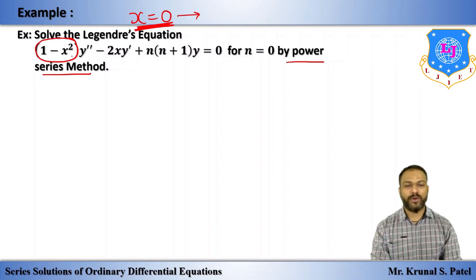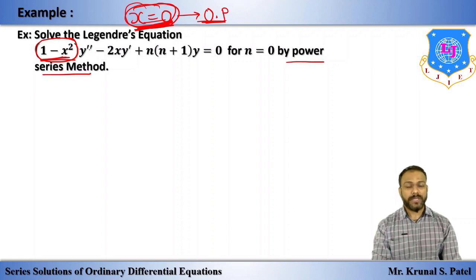If the coefficient of y double dash is not equal to 0 for x is equal to 0, then x equal to 0 is an ordinary point. So we have to just check that the coefficient of y double dash should not be 0. So here, if you put x is equal to 0, 1 minus 0 becomes 1, that is non-zero. So here, x is equal to 0 is an ordinary point.